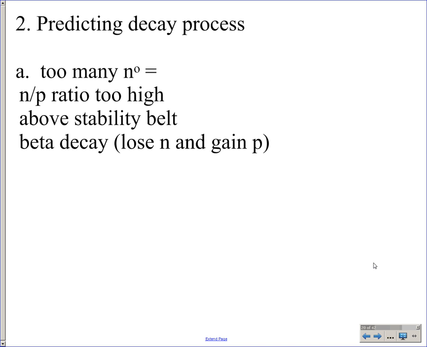So you've got maybe a 2-to-1 ratio. For every 2 neutrons, you've only got 1 proton, which decreases the stability. This is above the stability belt. So you want to increase the number of protons or lose neutrons. And this is done by beta decay.